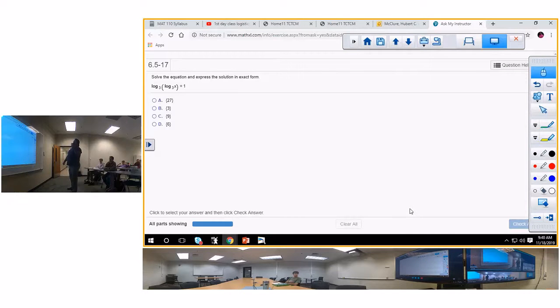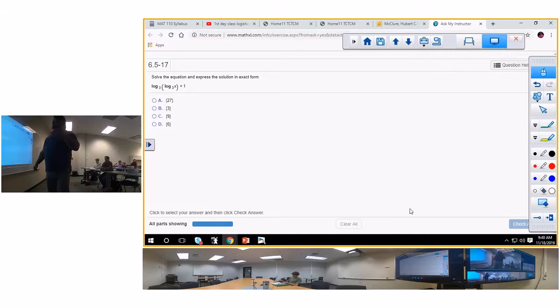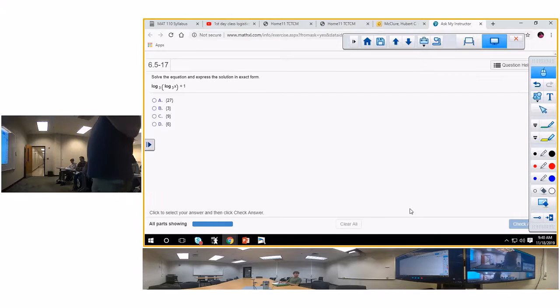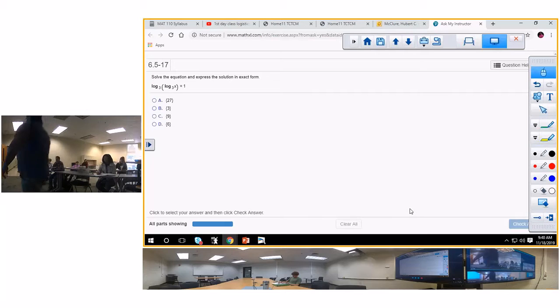All right. Here we have log base 3 of log base 3 of x is equal to 1. Well, we don't have the log of both sides, so what might we use here? We might use the definition of a logarithm. Try it.